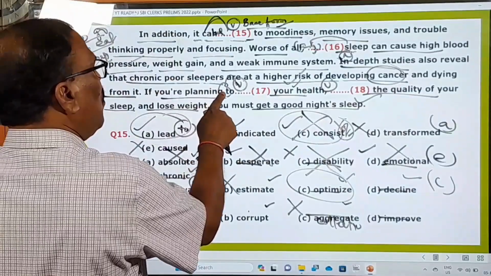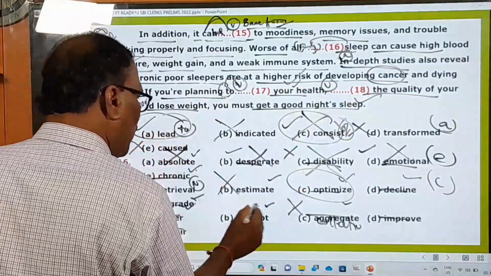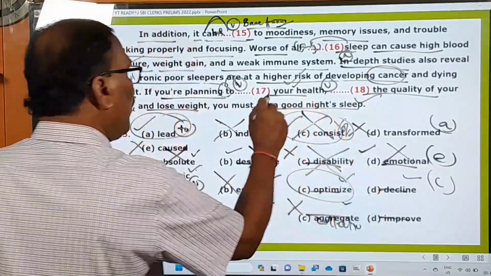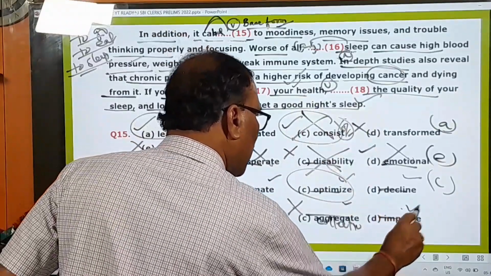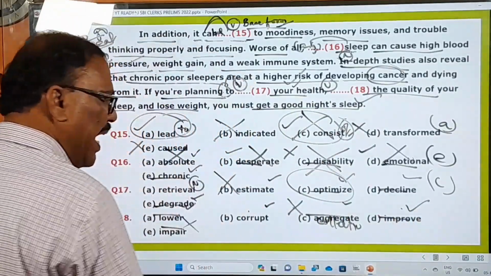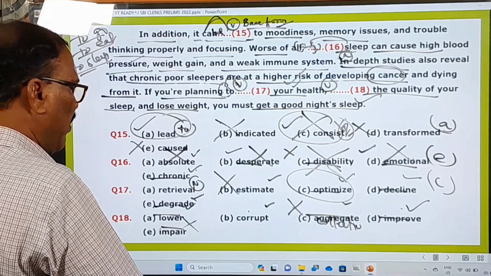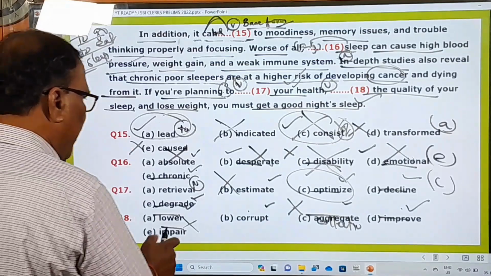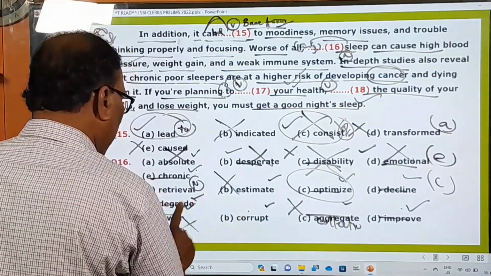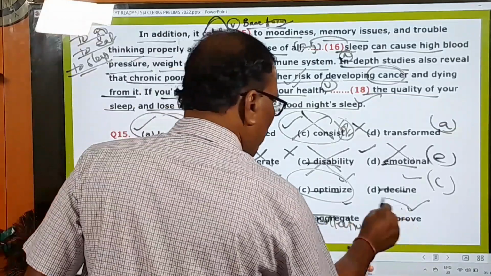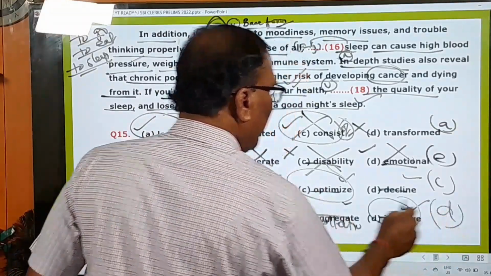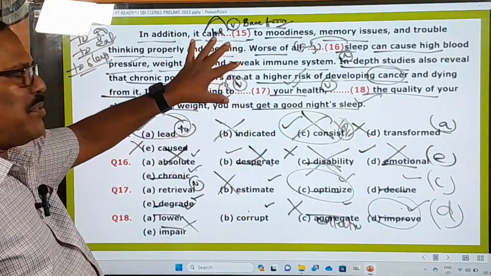If you are planning to corrupt the quality of it, no. Improve the quality. This is the only thing you do. Impair means to weaken, to make weak. So lower, corrupt, impair, you don't use; only this word you use.